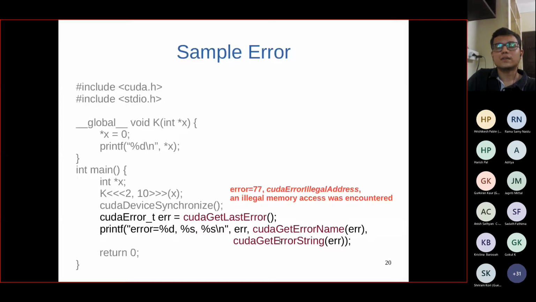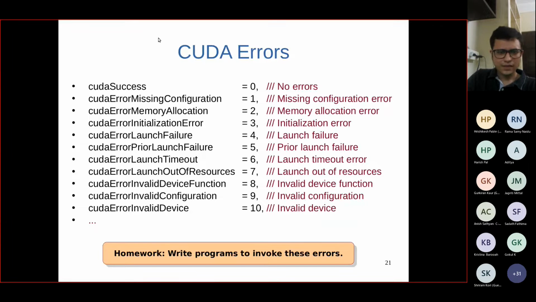It's trying to tell us that you are trying to access some illegal memory location. Okay, so these are the error codes corresponding to different types of errors. 0 represents cudaSuccess, meaning there was no error. Then there are different kinds of errors, like 10, which corresponds to using an invalid device, that is, you are trying to reference a GPU which is not there.